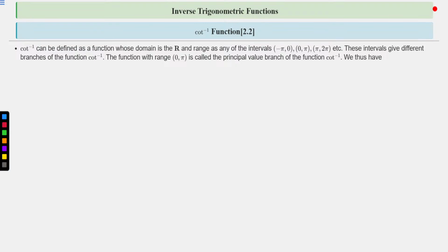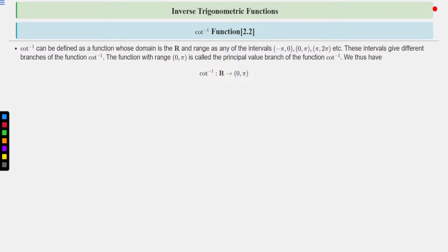The function with range 0 to pi is called the principal value branch of the function cot inverse. So we can say that cot inverse is defined from all real values to the open interval 0 to pi, right?